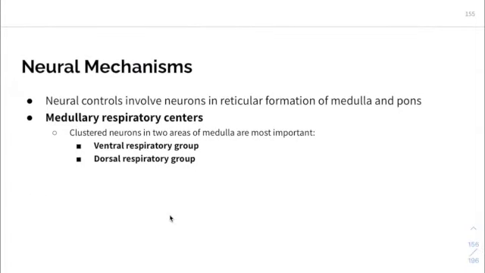So the main areas for breathing, we have the medulla and the pons, the two places that control breathing. In the medulla, we have the ventral respiratory group and the dorsal respiratory group.